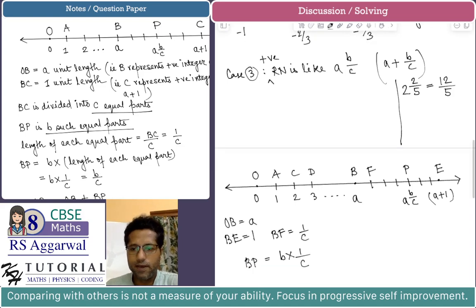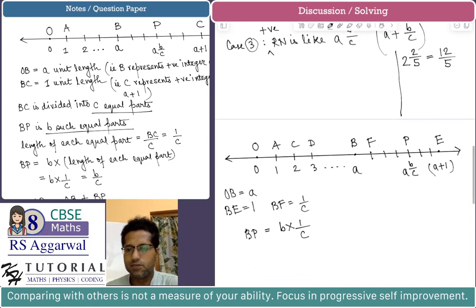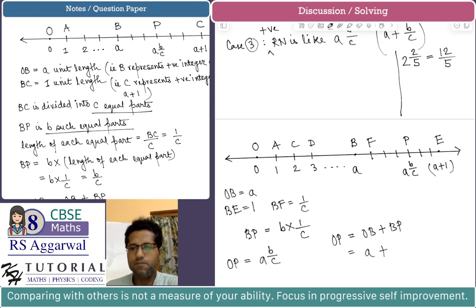Why is P representing the rational number a and b by c? It means that OP has to be equal to a and b by c, which is indeed the case, because we know OP is equal to OB plus BP. What is OB? OB is equal to a. And what is BP?